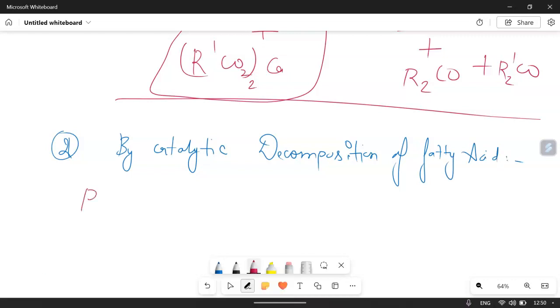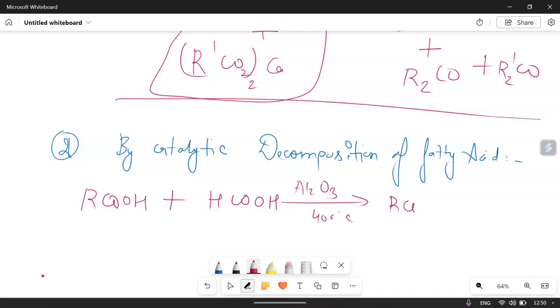Let's write down RCOOH plus HCOOH, in the presence of Al2O3, 400 degrees Celsius, it will give RCHO plus H2O plus CO2.